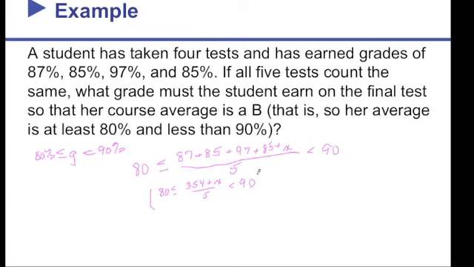Now I'll multiply the entire thing by 5, remembering I have to do it on all 3 sides. So there's part 1, part 2. When I multiply, my 5 will cancel out, and 5 times 90 will be 450.